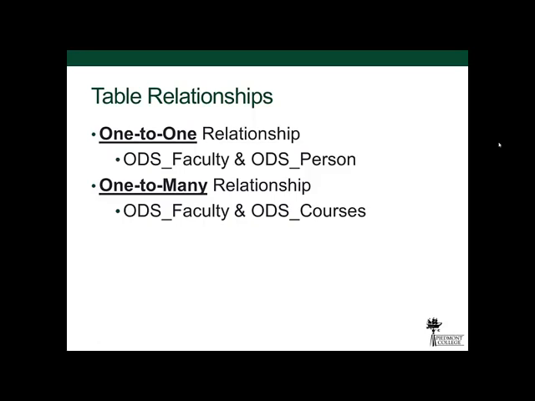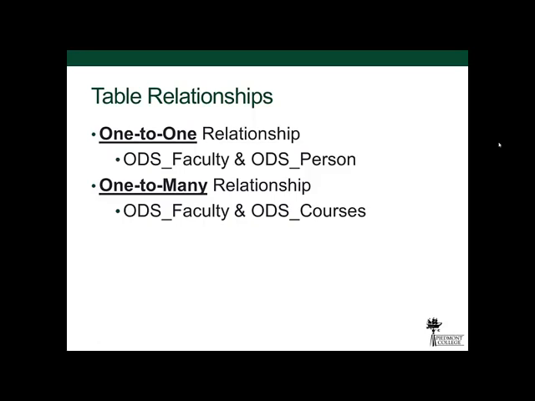Also, for every individual in the applicants table, we must find exactly one matching record in the person table, because we know that every individual anywhere in Colleague has to have a person record first before they can have any other information stored in there.